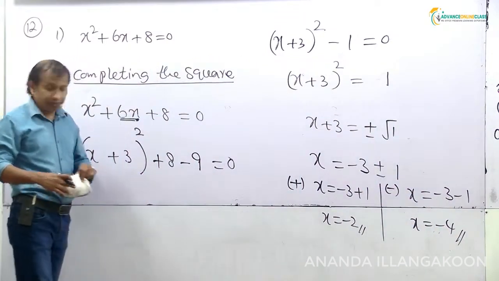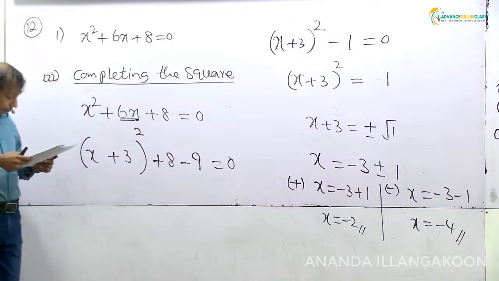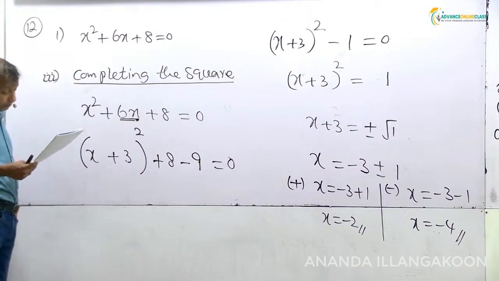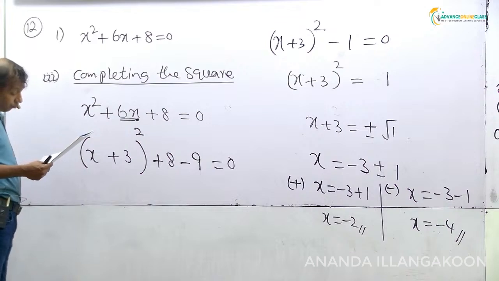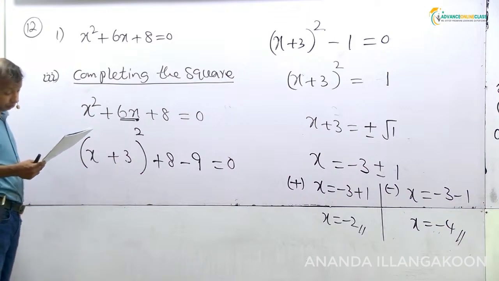This way we can take the two answers by using the completing square method, right? Yes. Right, no?